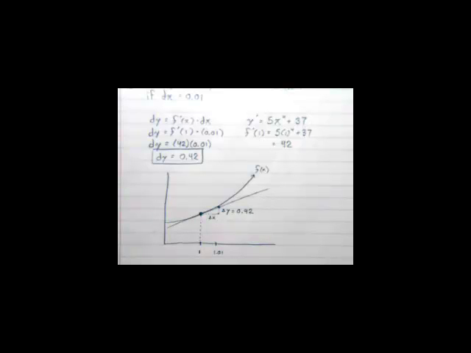So, how can we use differentials in story problems, or real life, however you want to look at it? So let's do one of those. Say we've got a circle, and let's say this circle is increasing in size.